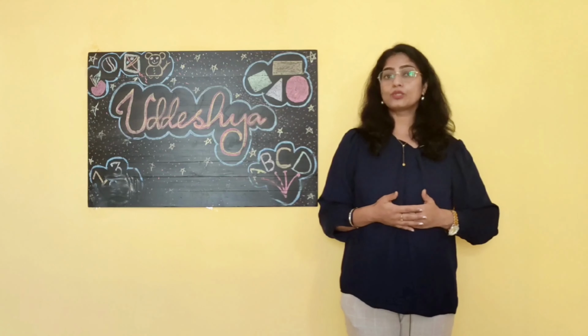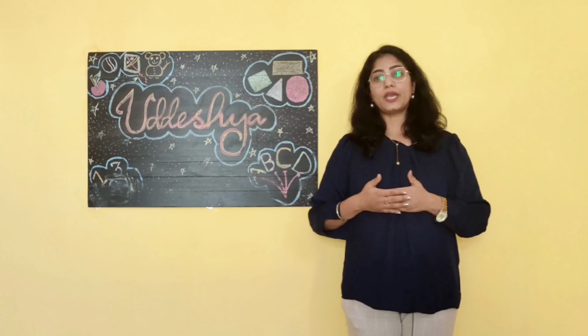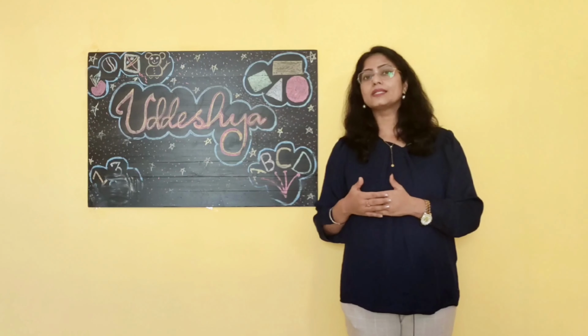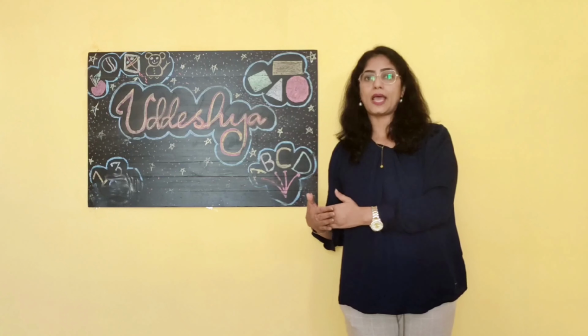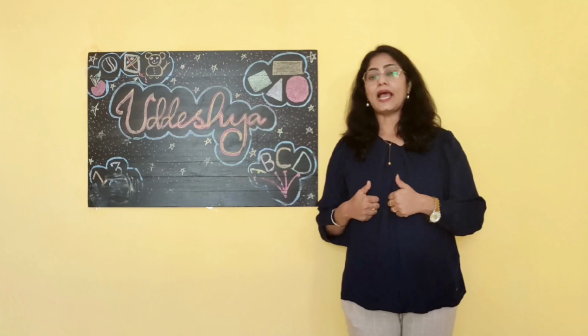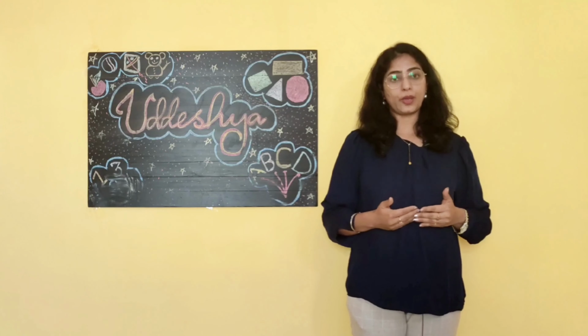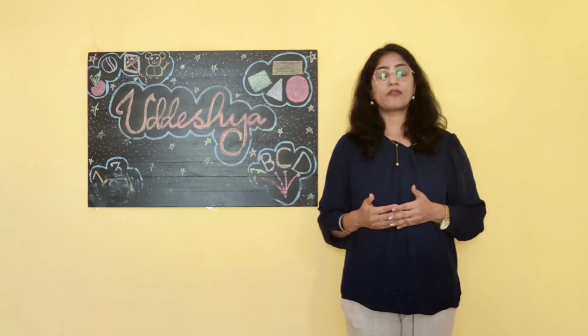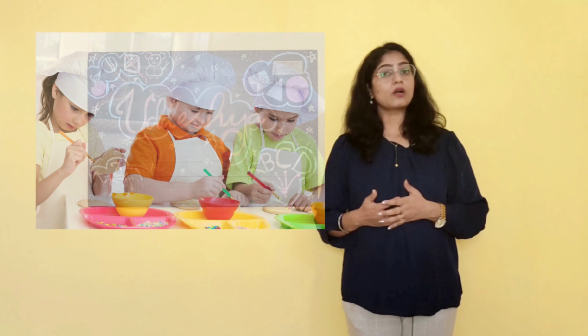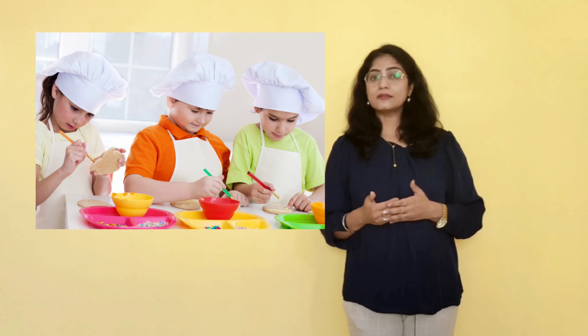After developing those goals, Uddeshya creates an individual customized treatment plan where the child has to face real life situations, such as non-fire cooking when we talk about kitchen skills, or how to feed themselves.